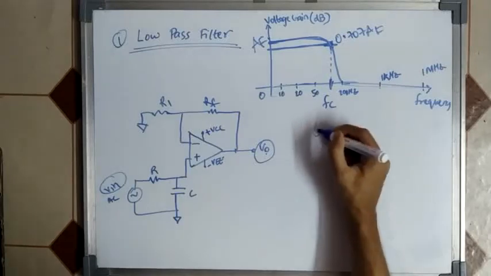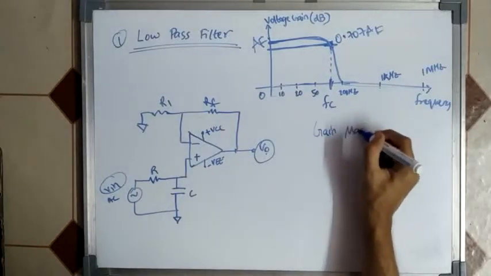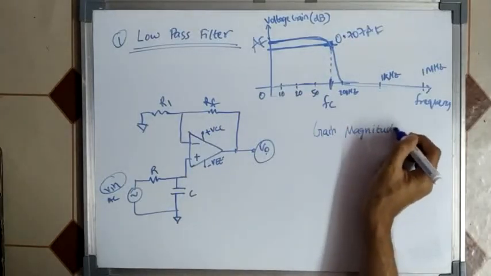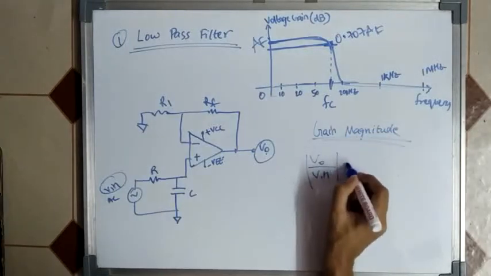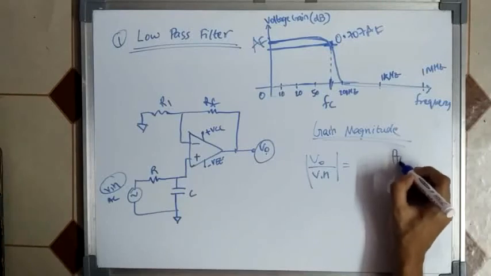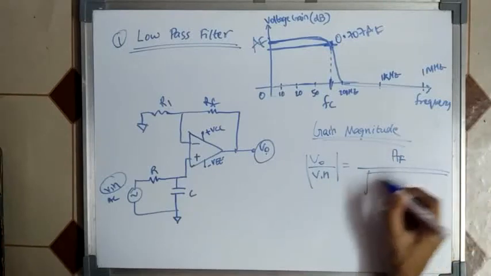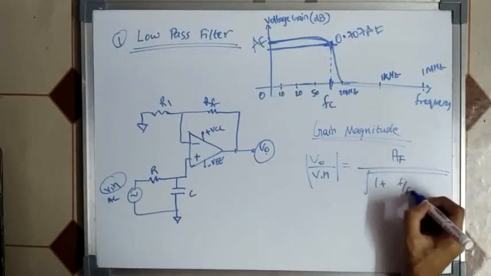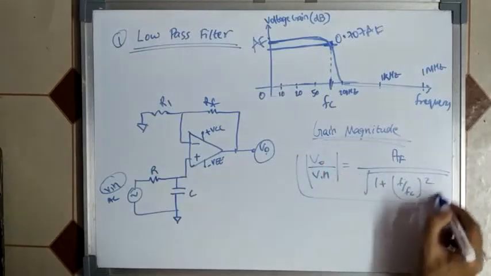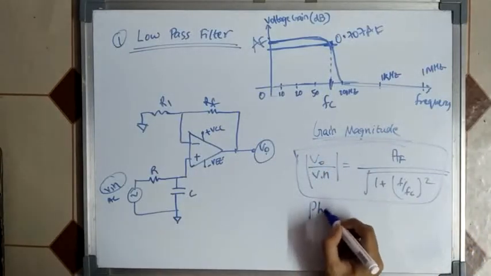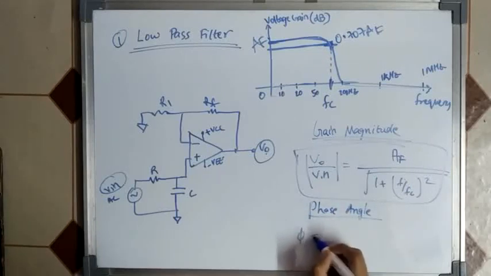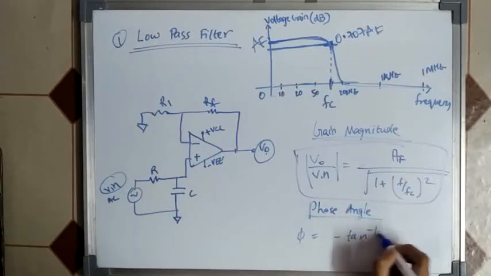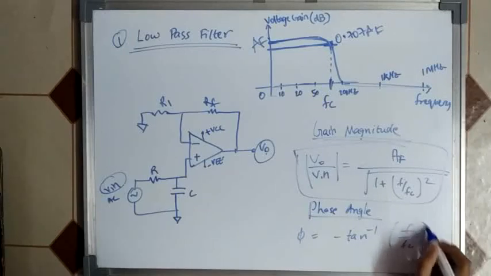Now the gain magnitude formula, which is V out upon V input, is equal to AF upon the square root of 1 plus F upon FC, the whole squared, and the phase angle formula will be phi equal to minus tan inverse F upon FC.